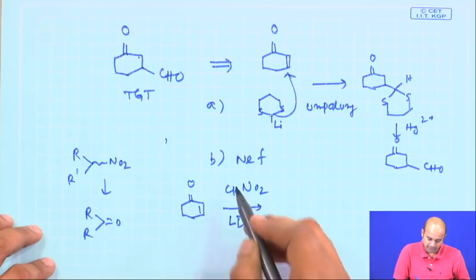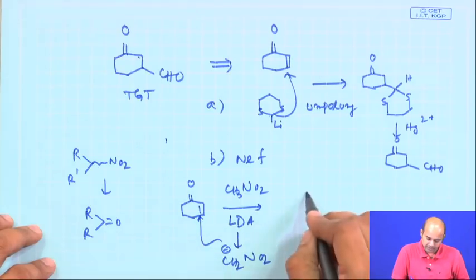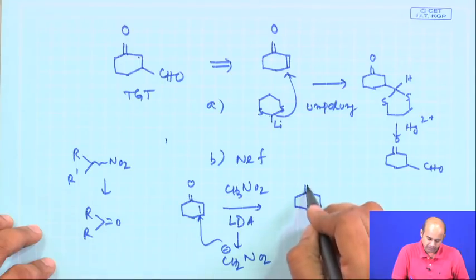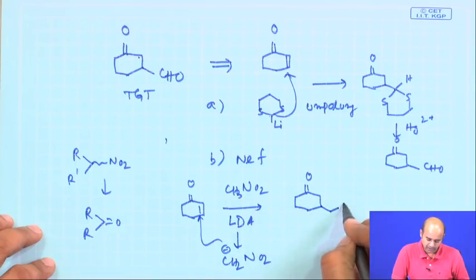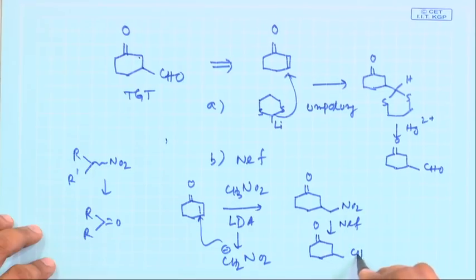Now, nitromethane is known to generate this carbanion. You react in a Michael fashion. So, basically you will be getting CH2NO2 and then do a Nef reaction. Then you will end up with this product.